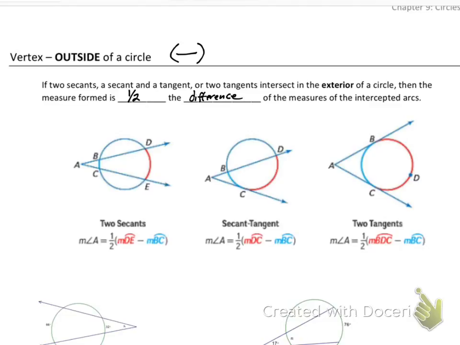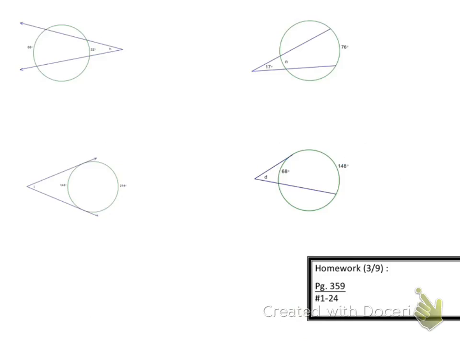All right, let's do this in practice. So I'm going to do the first one. They intersect outside, so I'm going to use the difference. I need my bigger arc. My bigger arc is 86. I'm going to subtract away my smaller arc, which is 32.